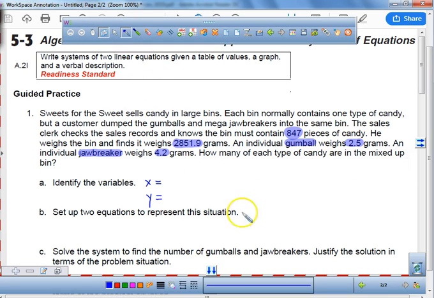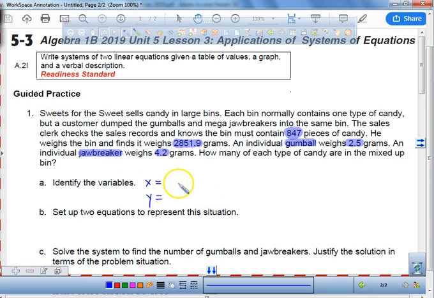So we're going to identify what we want to call x and what we want to call y. We're going to do some guided practice, so right now I'm guiding you. I am going to refer to x as the gumball and y as the jawbreaker. So x is gumball, y is jawbreaker.